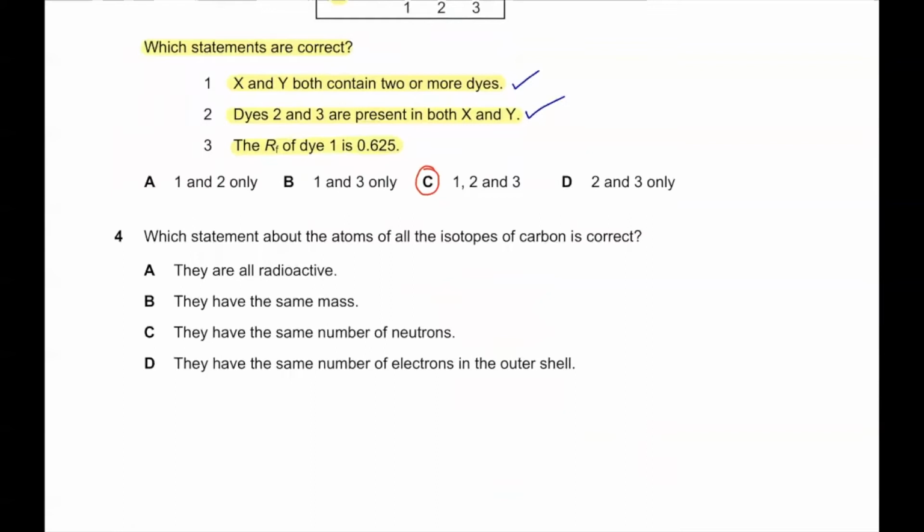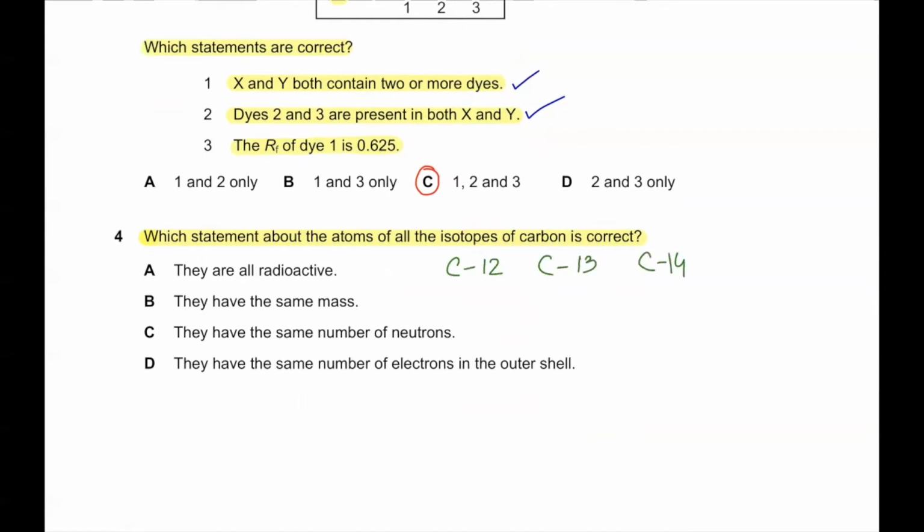Question number 4. Which statement about the atoms of all the isotopes of carbon is correct? We will have to check each statement. They are all radioactive. We know that carbon isotopes are C12, C13, and C14.